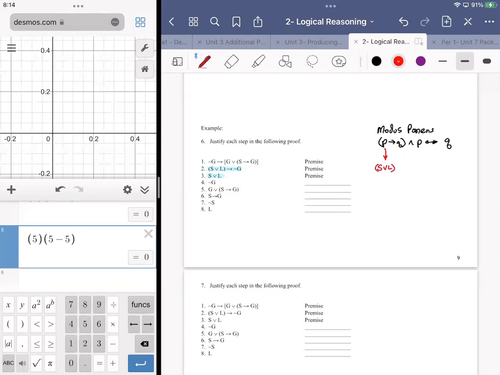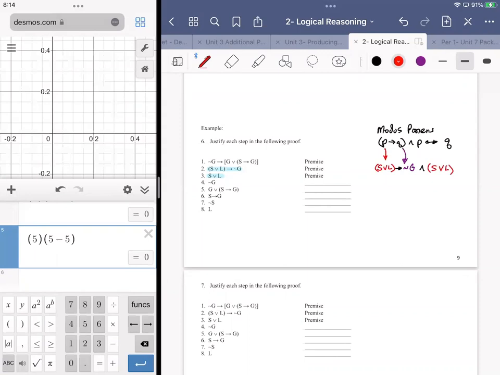Taking on the role of Q is a not G. If we take these two premises and put them together, and combine that with an S or L, we would be affirming by affirming, right?